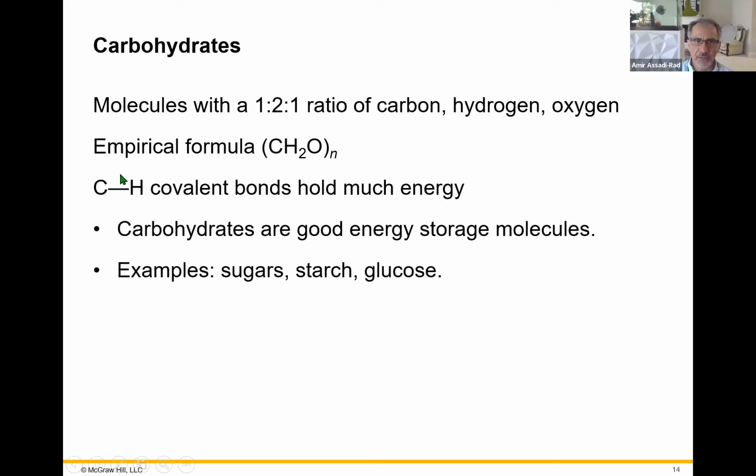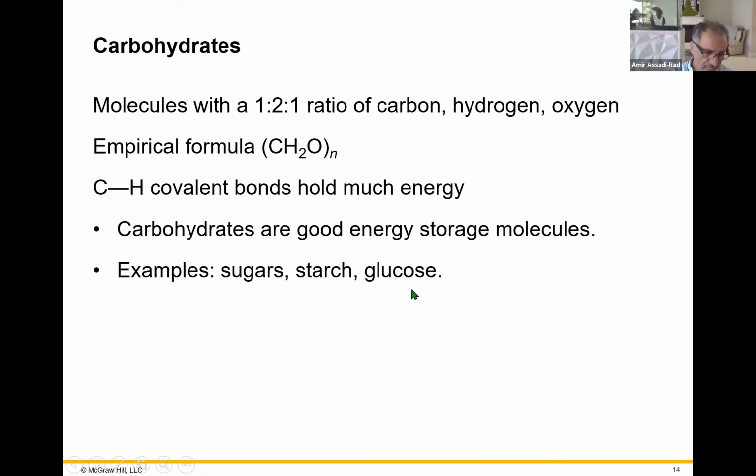This is a covalent bond, right? A covalent bond can be double with oxygen, but you cannot have a carbon and a hydrogen with a double covalent bond. Covalent bonds hold much of the energy. Carbohydrates are a good source of energy for storage molecules, for example sugar, starch, and glucose.